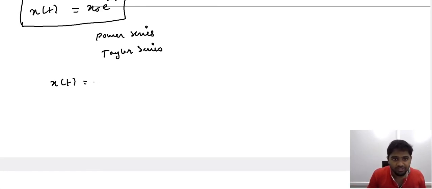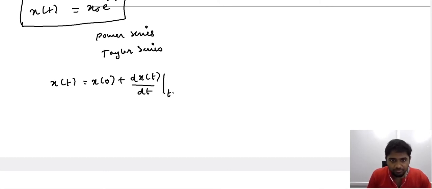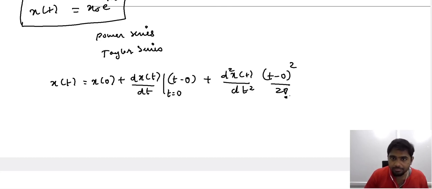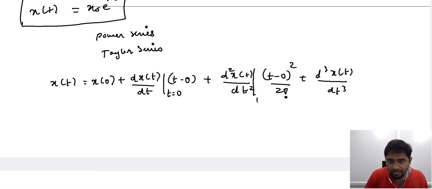So when you know the derivatives of the function at, say, t is equal to t0, then we can approximate this function as: the function at the known point t0, plus the first derivative of x of t with respect to t at the known point times (t minus 0), plus the second derivative d square x of t by dt square times (t minus 0) whole square over 2 factorial, plus the third derivative d cube x of t by dt cube, again at the known point t0, times (t minus 0) the whole cube over 3 factorial, and so on and so forth.